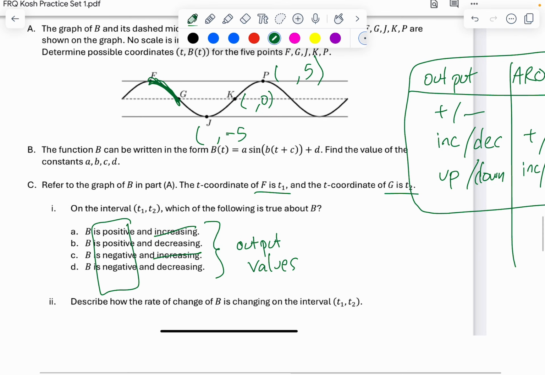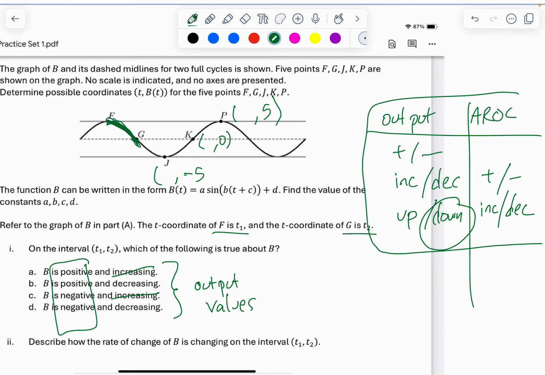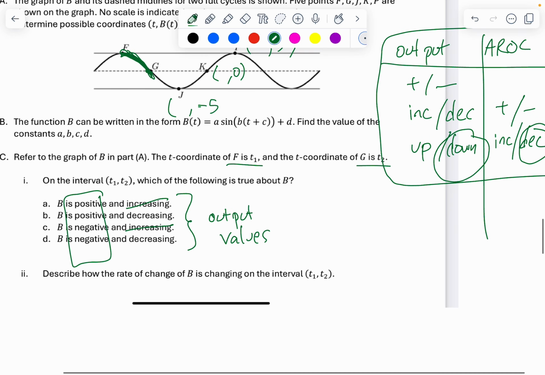Okay, so how is the rate of change changing? Well, from F to G, we are concave down, which tells me that my average rate of change is decreasing. So I think that if you have time to write a nice, clean, concise sentence, that will be better. I would recommend writing it out.